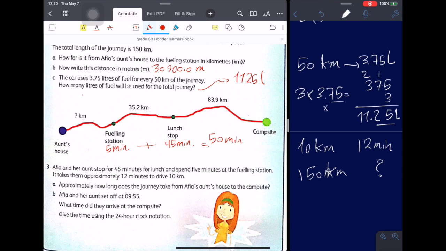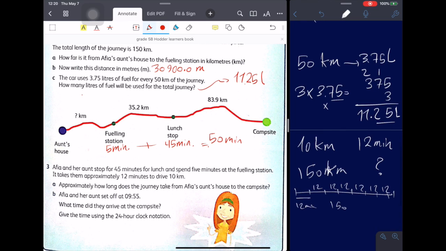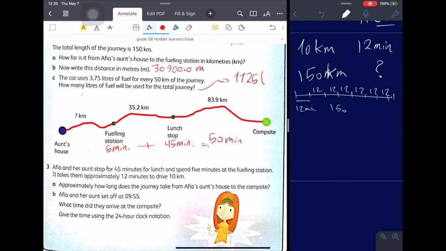So all you need to do is to repeat 12 minutes 15 times. Because imagine if this line is 150 and I divide it into tens. Each 10 is going to be 12 minutes. 12, 12, 12, 12, 12, and 12, and on and on. So we're going to have 15 times 12 minutes.